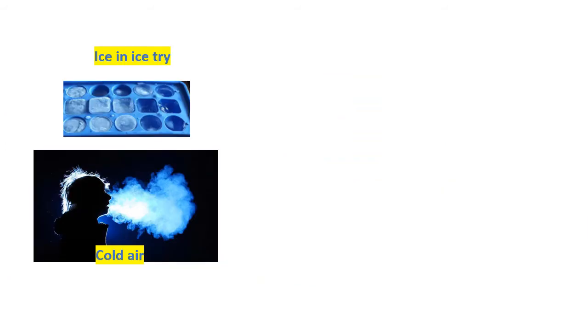So what does the ice in the ice tray represent? The cold air. So remember when water vapor meets the cold air in the sky, it condenses and becomes a liquid again, and that creates clouds. Clouds are not a gas. Clouds are made of water droplets.